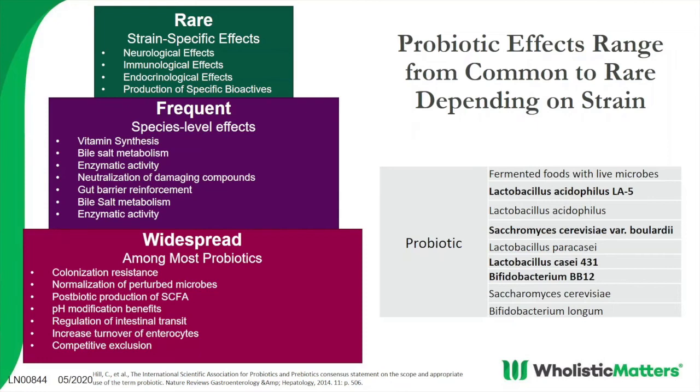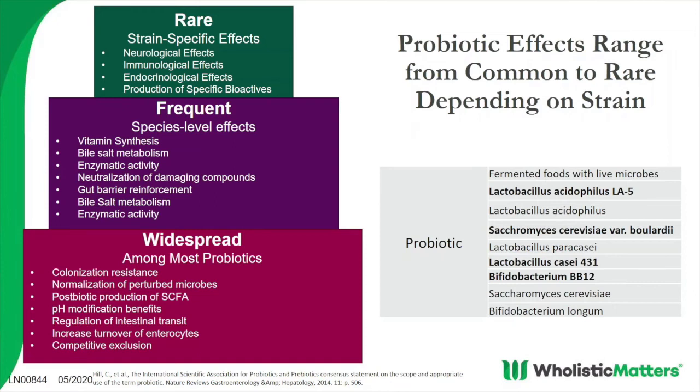But then the frequent effects would be things like particular vitamin synthesis, bile salt metabolism, enzymatic activity. They can neutralize damaging compounds. They can reinforce the gut barrier. One of the keys that a lot of probiotic species are known for is their ability to metabolize bile, and that's important for being able to deliver it to the lower GI and have a live microbe once it gets there, as well as particular enzymatic activities.